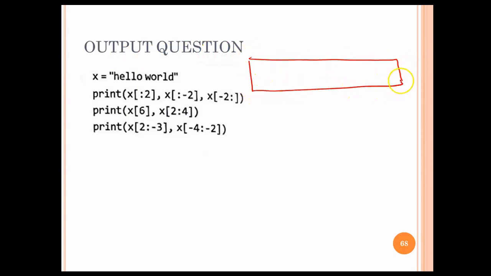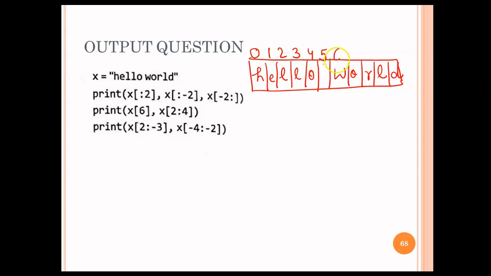I am drawing it again here: h e l l o, space, w o r l d. Now we have to write down the forward indexing, which is in positive form starting from 0. So 0, 1, 2, 3, 4, and this space is also one of the characters, then 6, 7, 8, 9 and 10.